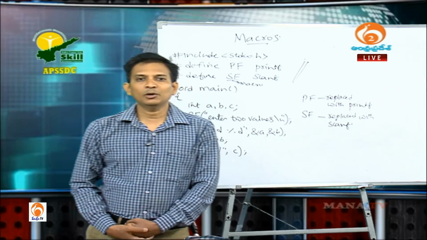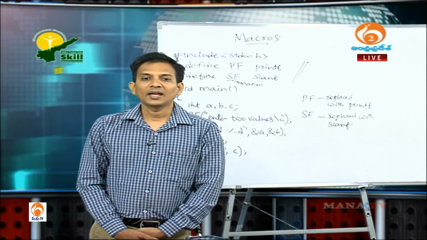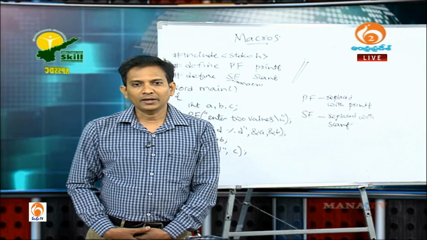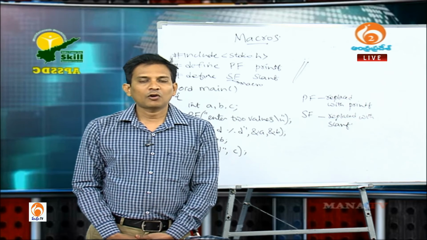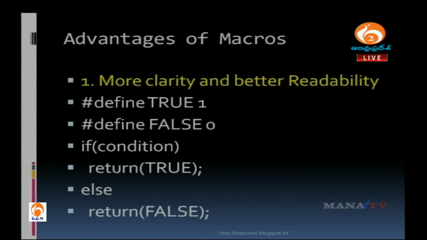For example, you can see here, hash define true 1, hash define false 0. That means wherever true is there, 1 is replaced, and wherever false is there, 0 is replaced. Just check this code.